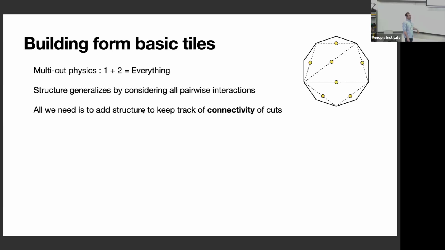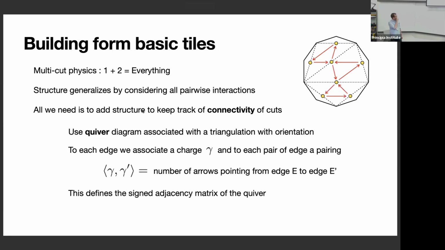And to do that, we need to add some combinatorial data to the diagram, which comes from the quiver diagram. So this is just a way of encoding how magnons are interacting with each other on each tile.